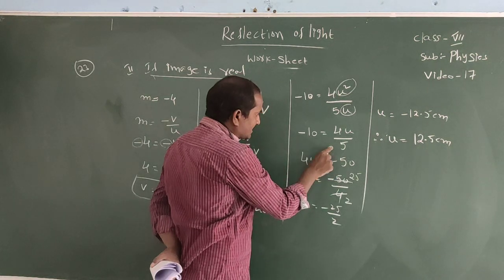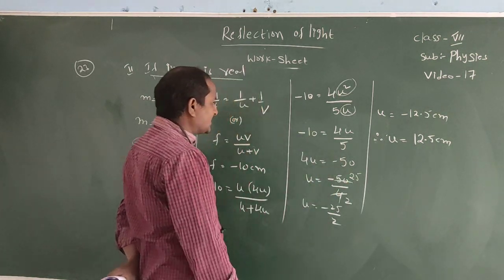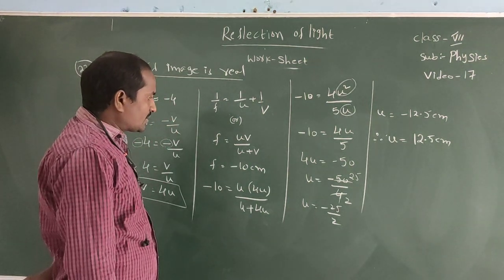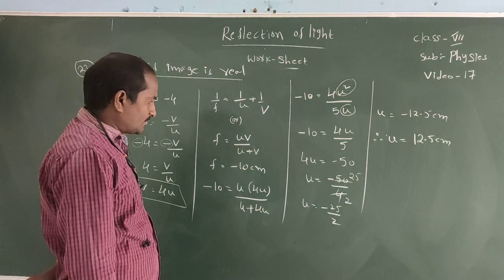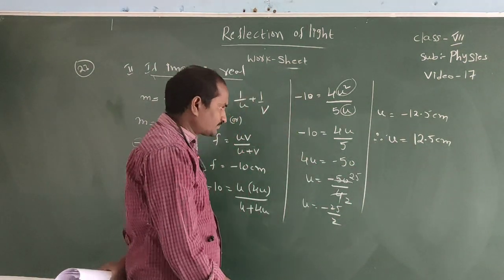Now I am doing cross product. So minus 10 into 5 equals minus 50. So 4u equals minus 50. U equals minus 50 by 4, that equals 12.5 centimeters.